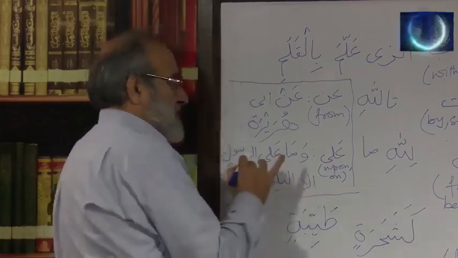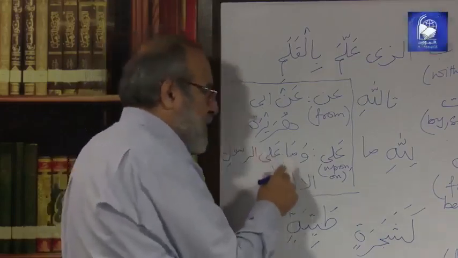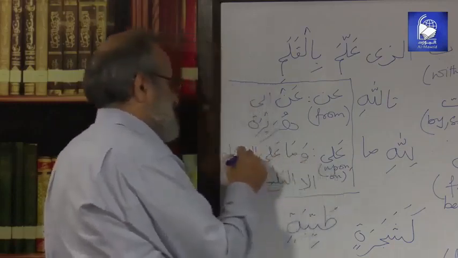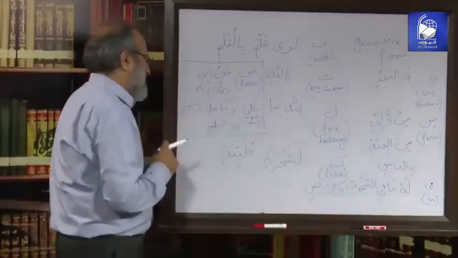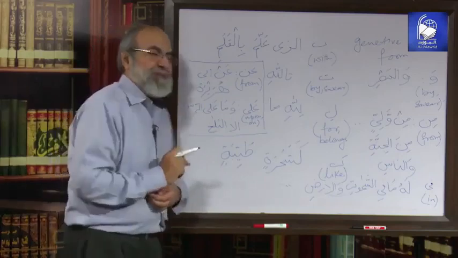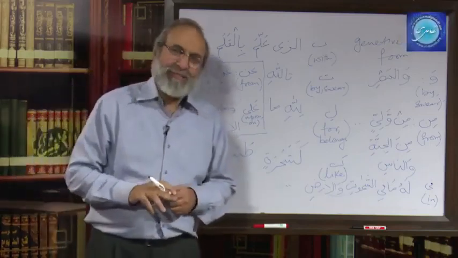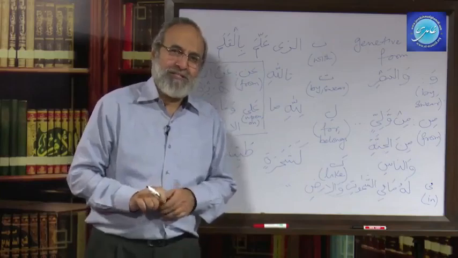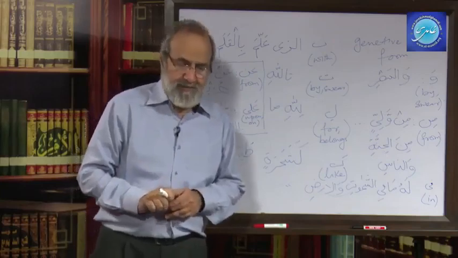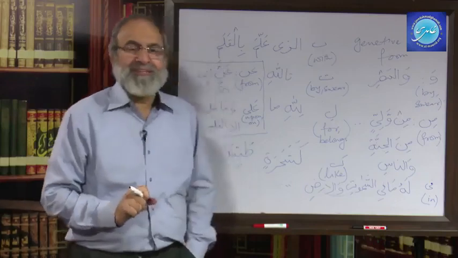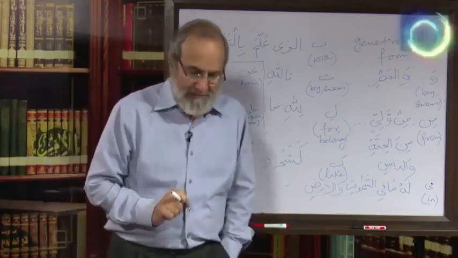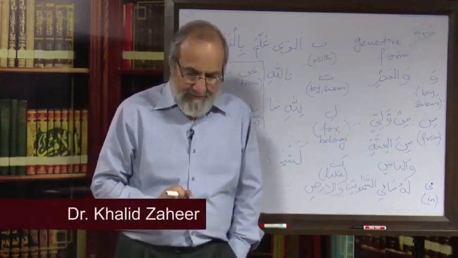So there is no responsibility on the messenger. So ala comes before ar-rasul, and what it has done is that it has caused ar-rasul to take the genitive case, which is jar.